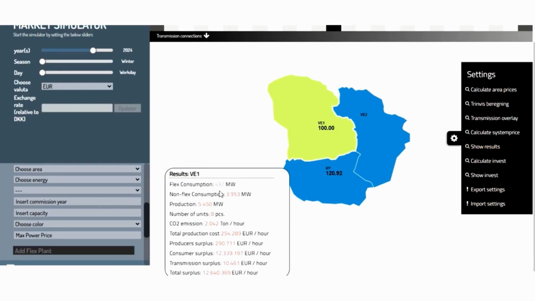This unit here, the power to hydrogen unit, and I can see here that the production here is this amount here, and the non-flexible consumption is this amount. So the answer to one of the questions was that we should find out how much electricity the power to hydrogen unit would buy in this hour here, and it is about 500 megawatt.